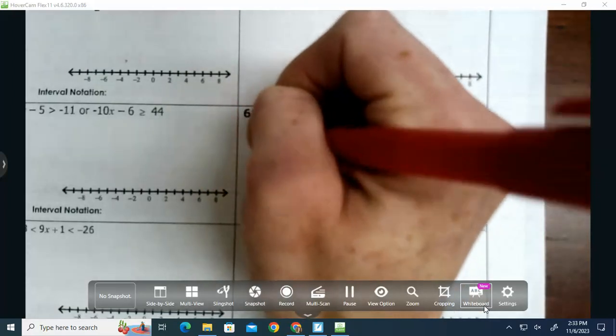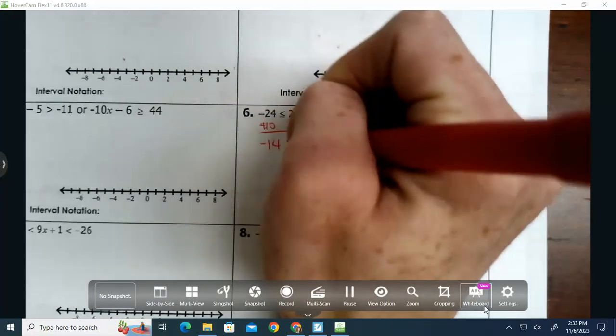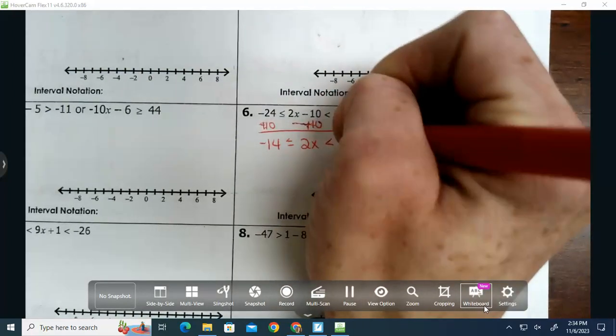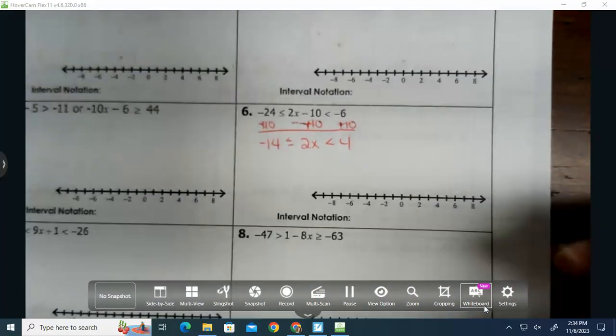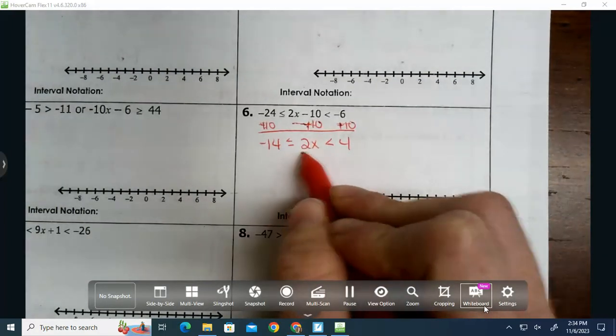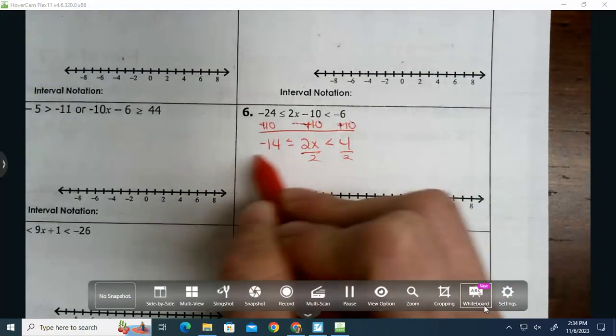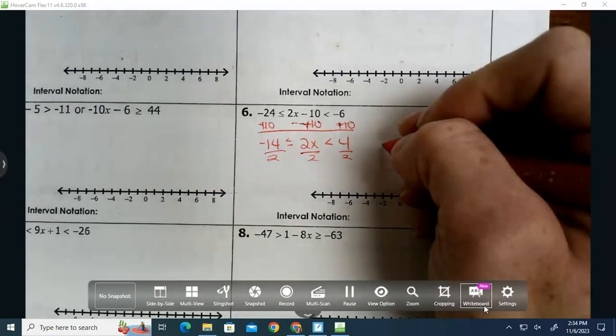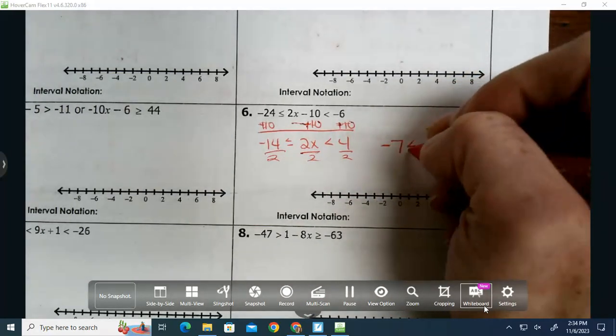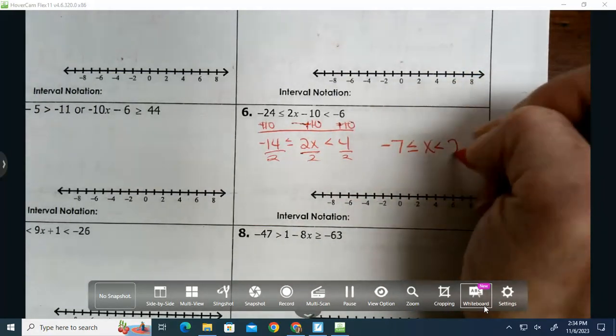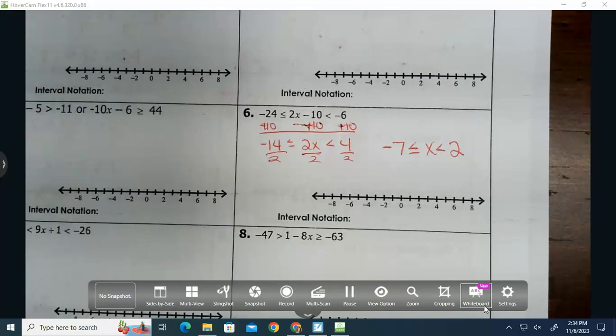So negative 14 less than or equal to 2x is less than 4. And then we can divide by 2. So negative 7 less than or equal to x less than 2. So how do we graph that?